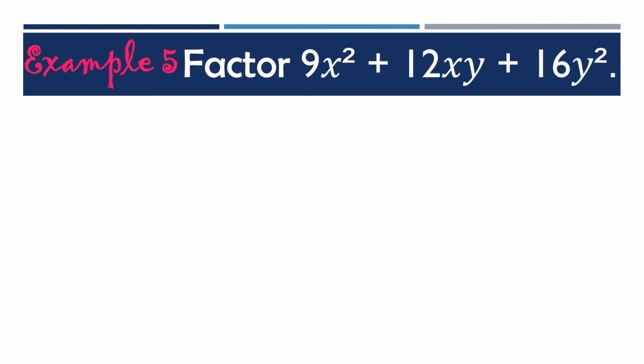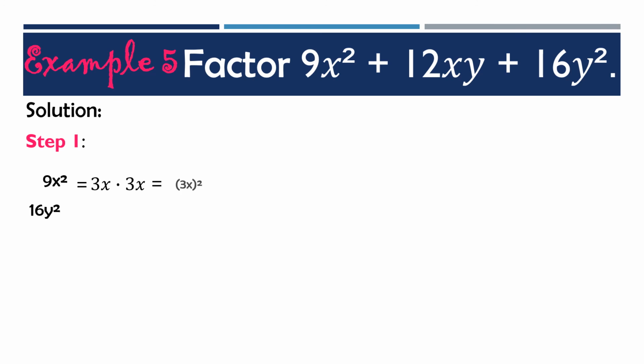Example number 5. Factor the expression 9x squared plus 12xy plus 16y squared. Solution. Step 1. Determine if the first and the last terms are perfect squares. The first term is 9x squared and the last term is 16y squared. 9x squared can be factored out as 3x times 3x.